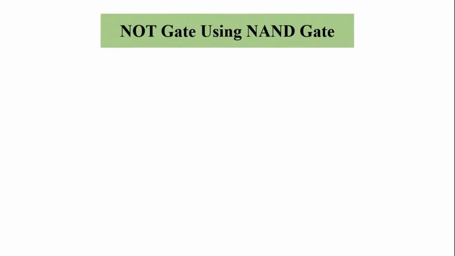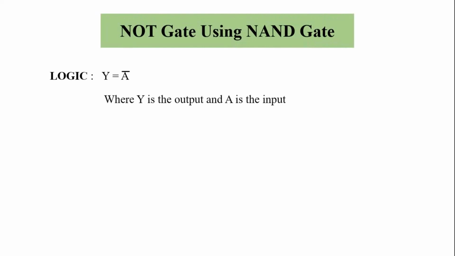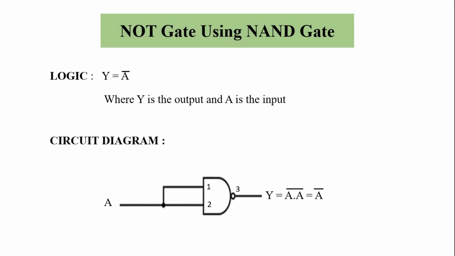NOT gate using NAND gate. Logic of NOT gate: Y equal to A bar, where Y is the output and A is the input. The circuit diagram of NOT gate by using NAND gate.